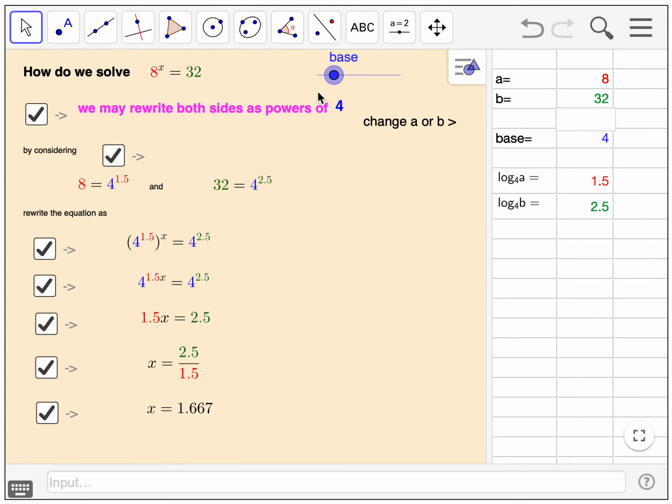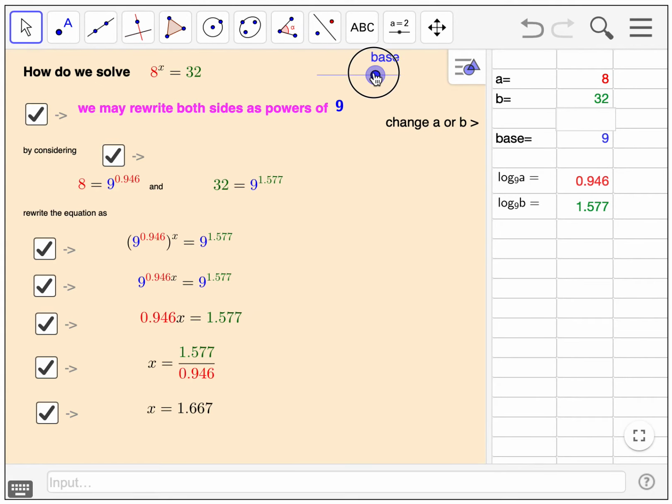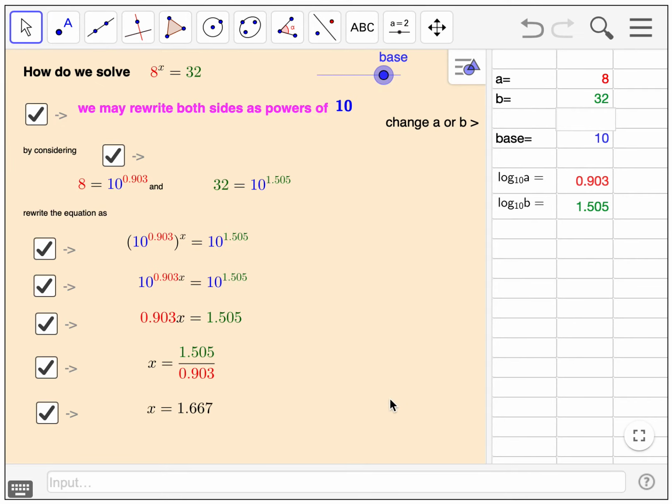So that's why logarithm becomes useful. No matter what number you start with, you can always consider them as powers of 10. This is what you usually get when you use your calculator and calculate the log of any numbers. Then you will have the power, representing what you get when you consider powers of 10 in order to get these numbers a and b.